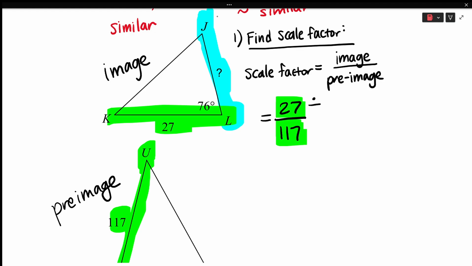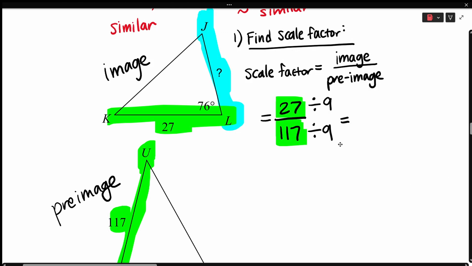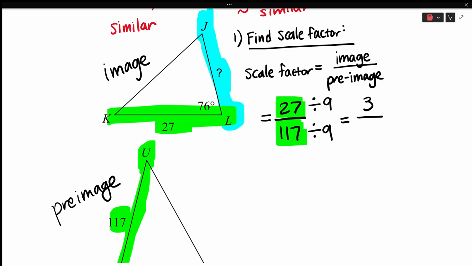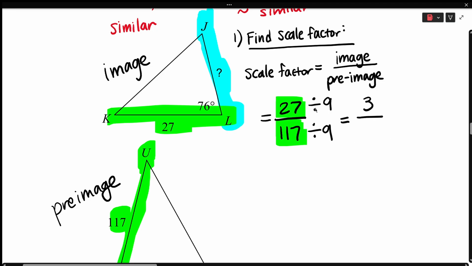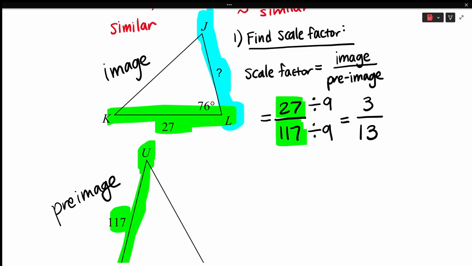I know that both terms are divisible by 9, so I'm going to simplify by dividing the top and the bottom by 9. 27 divided by 9 is 3. 117 divided by 9, that's 13. So for the scale factor, you could use either 27 over 117 or you could use 3 over 13. Doesn't matter, okay? I'm going to use 3 over 13. I did the work to simplify. If you use 27 over 117, it's the same thing, okay? So we found a scale factor.